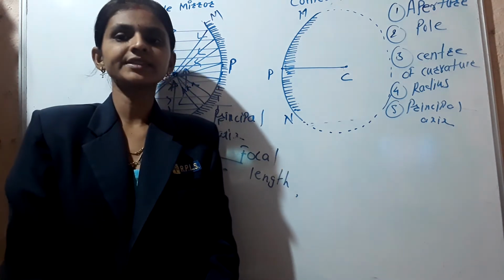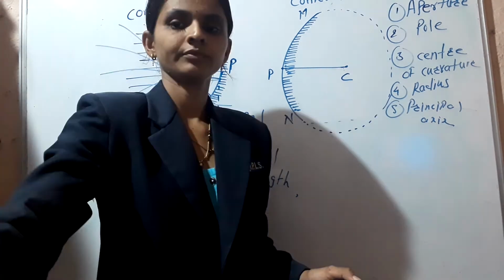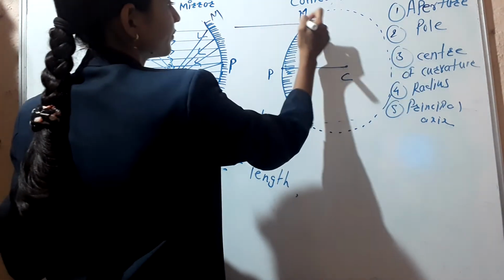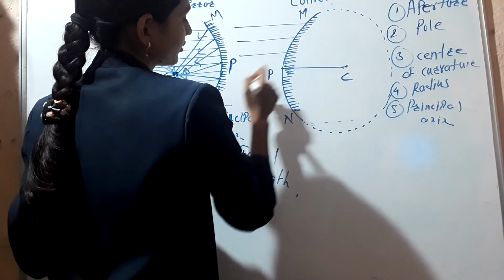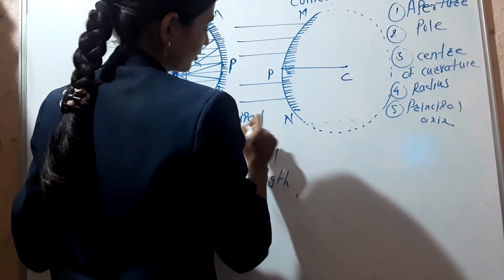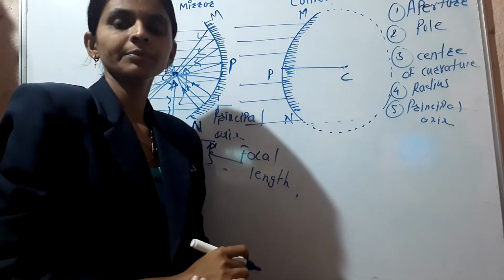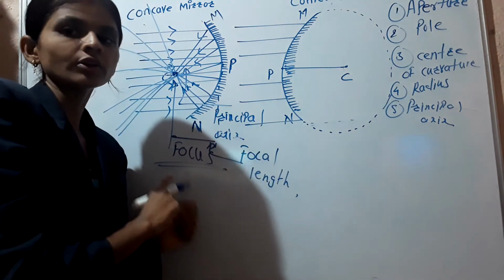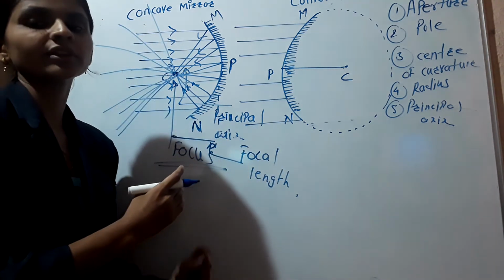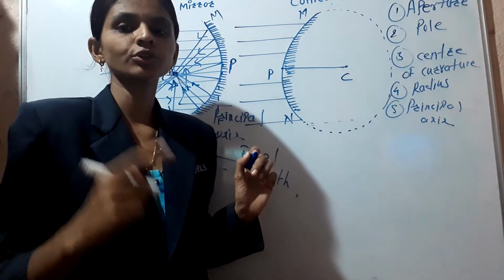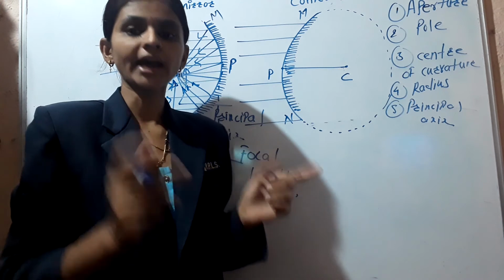Now we will discuss the convex mirror. In the case of the convex mirror, you can see when parallel rays fall on the mirror, what will happen? In a concave mirror, all the rays converge after reflection, and in a convex mirror, after the reflection all the rays start to diverge.